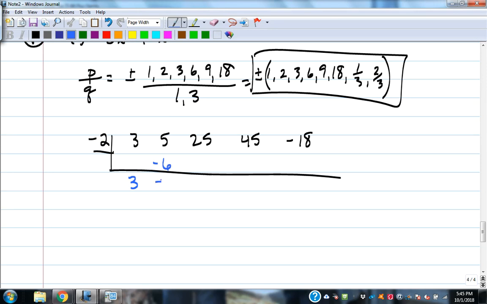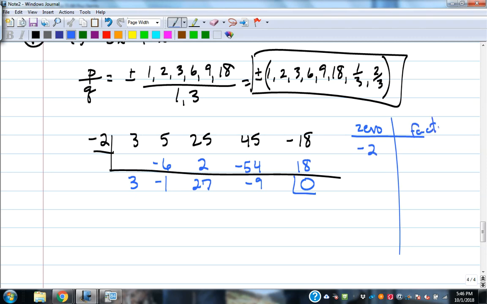It's -6, adds to be -1, times -2 is +2, adds to be 27, times -2 is -54, adds to -9, times -2 is +18, and that gets me my 0 in there. So I'll get a zero of -2, a factor of x plus 2.